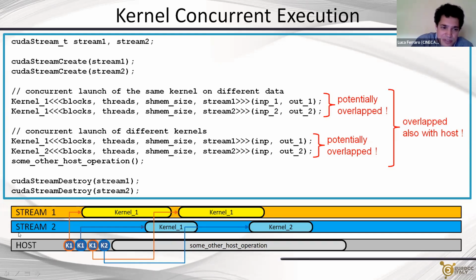If you look at the bottom of my slide, the host execution point of view, if you sit on the host, you will see just the kernel 1 launch on stream 1, followed immediately by the kernel 1 launch on stream 2, immediately followed by an enqueue of the kernel 1 launch on stream 1, followed immediately by a launch of kernel 2 on stream 2.